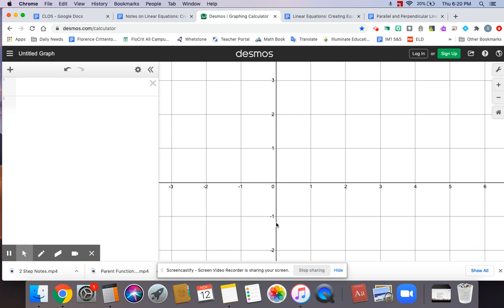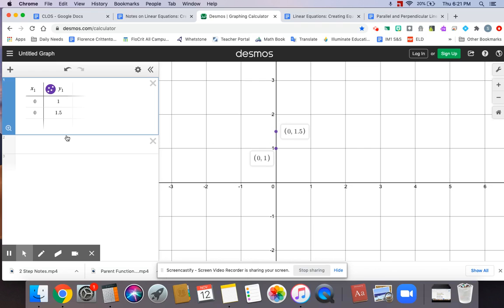Any point on the y-axis is considered a y-intercept. So for example, the point 0, 1, right here in purple, is a y-intercept. So is the point 0, 1.5, this one right here. Anything that's on this up and down line is considered a y-intercept because it's on the y-axis.